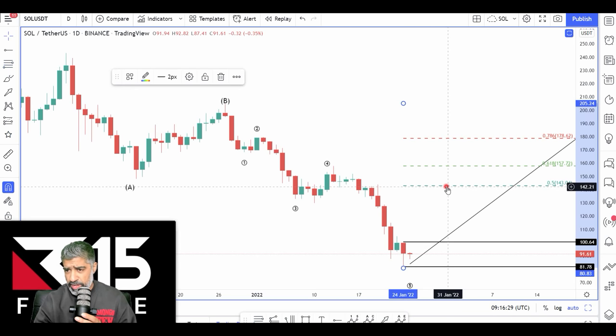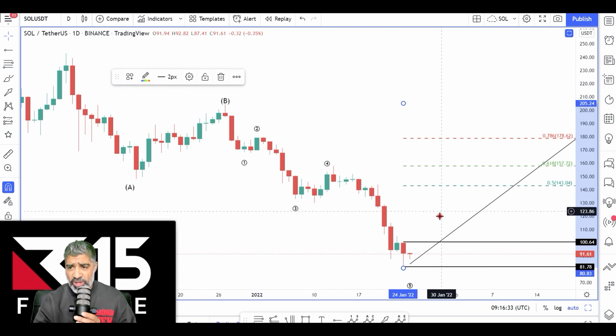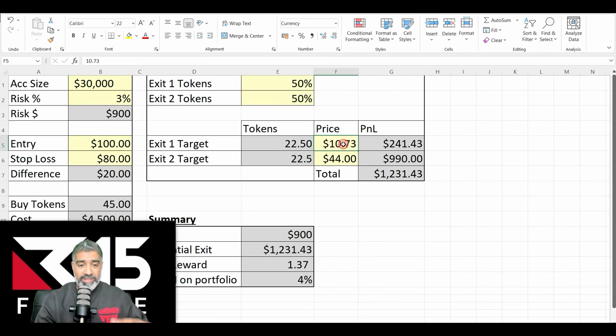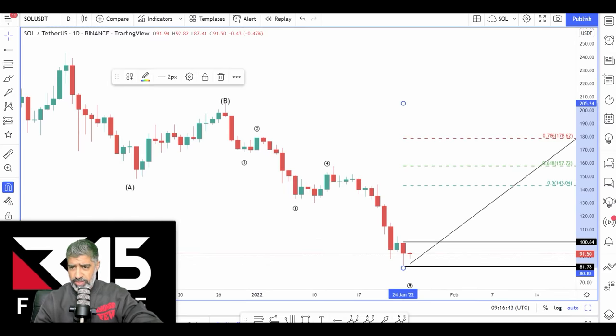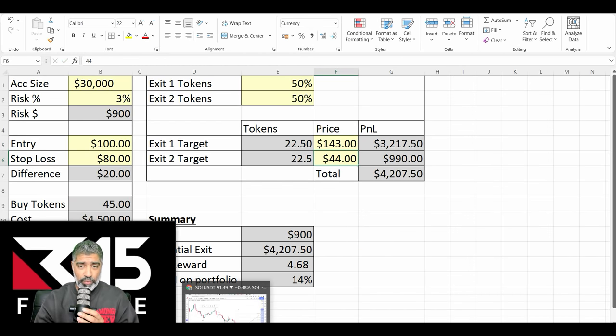We're going to keep very, very conservative. $143, which is the 50%. So we're being very conservative and saying $43, to almost prepare ourselves for the worst case scenario.